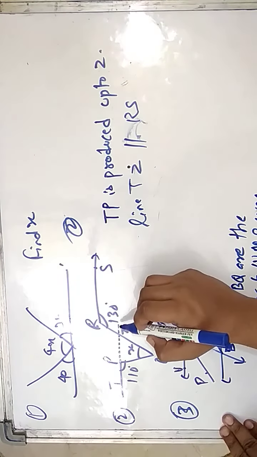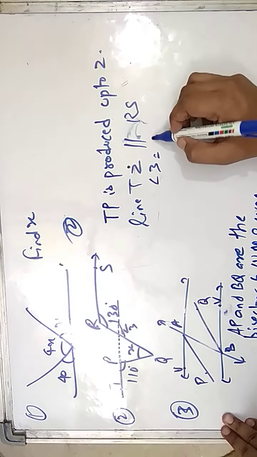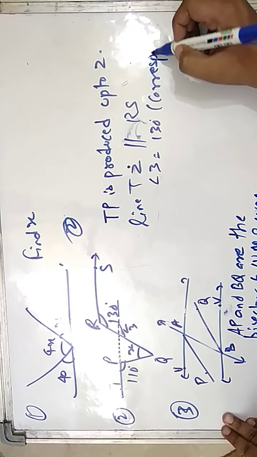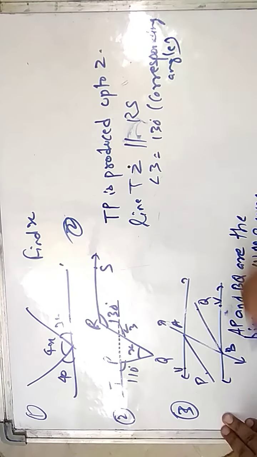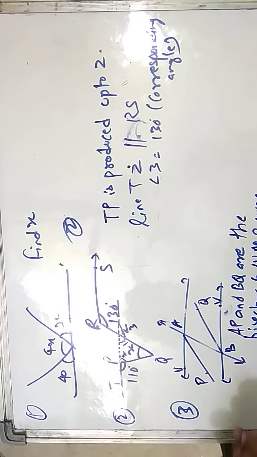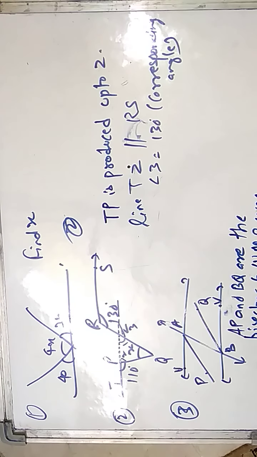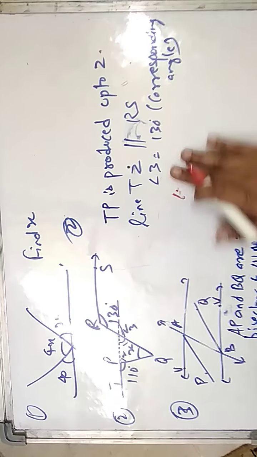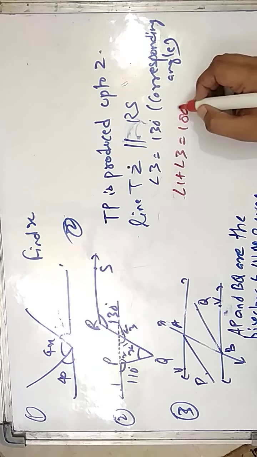Alright, it is angle 3. Angle 3 is equal to 130 degrees by corresponding angles. And it is angle 1 or it is angle 2. Okay, so angle 1 plus angle 3 is equal to 180.